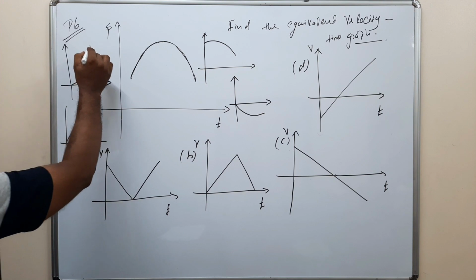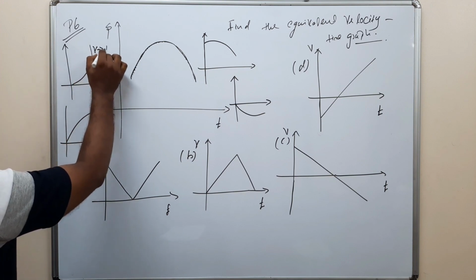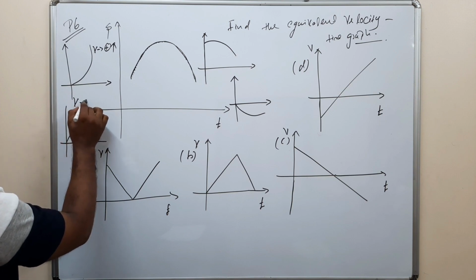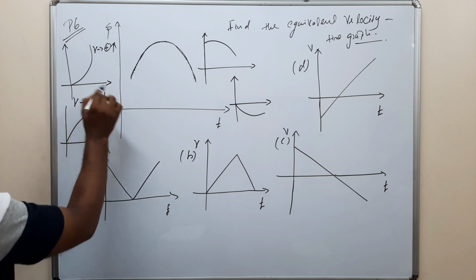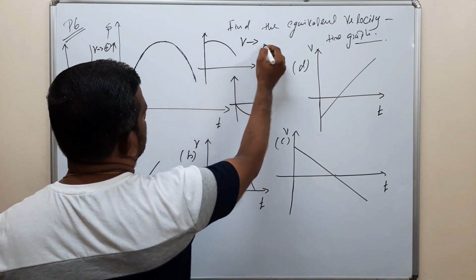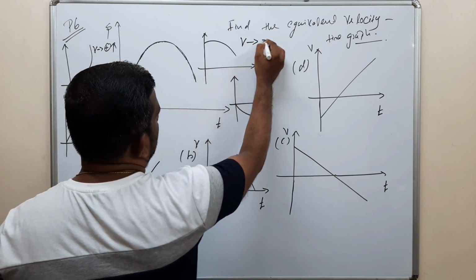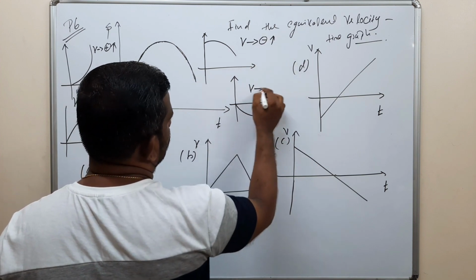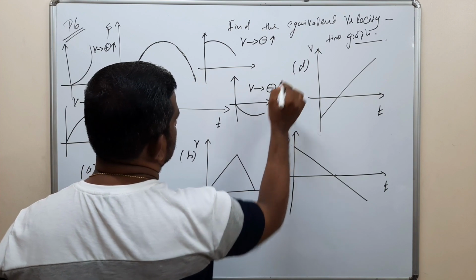This is velocity positive increasing, velocity positive decreasing. This graph is velocity negative increasing, velocity negative decreasing.